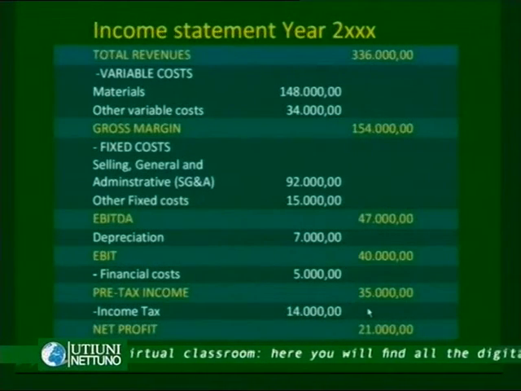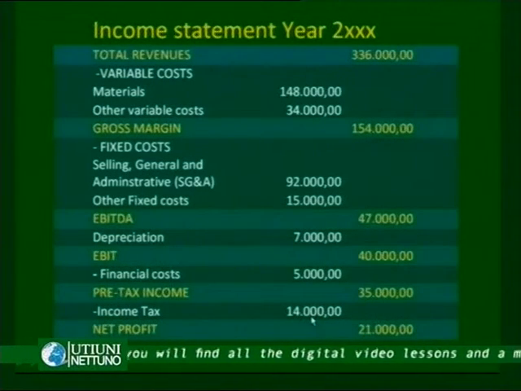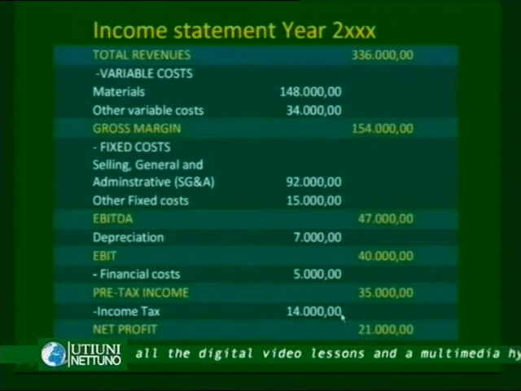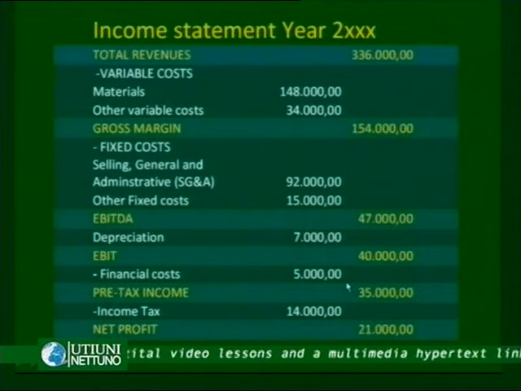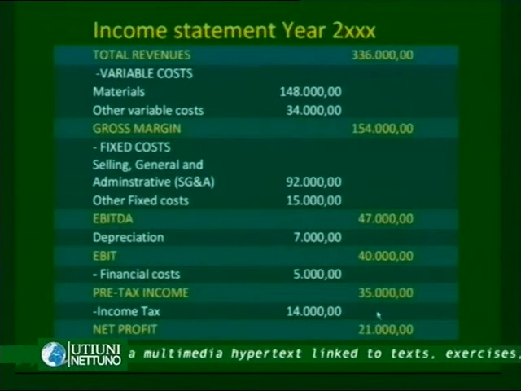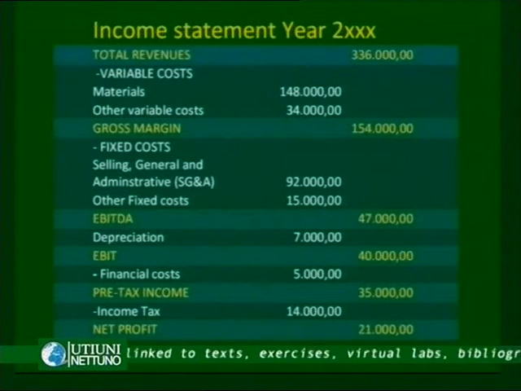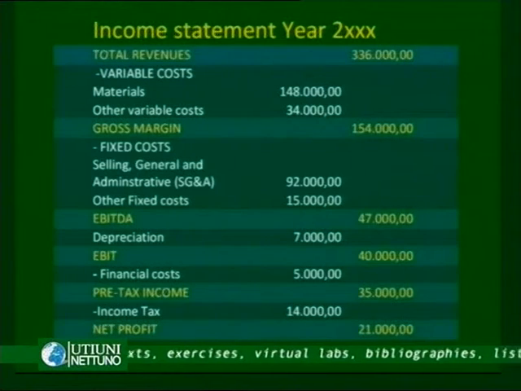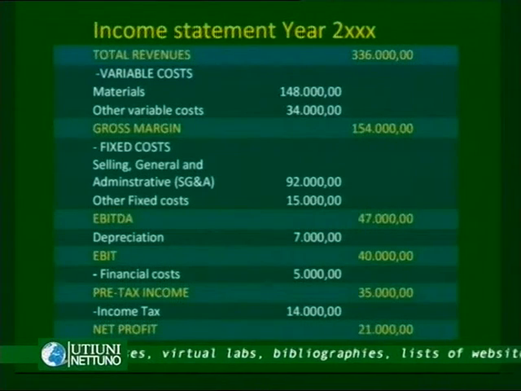Applying the 40% tax rate on pre-tax income gives us income taxes for this project of $14,000, which in the end gives us a net profit after taxes of $21,000. That is equal to the pre-tax income of $35,000 minus $14,000 of income taxes. So in the end, this is the result of the project for that particular year after subtracting all the costs, including the financial cost, and also including taxation.